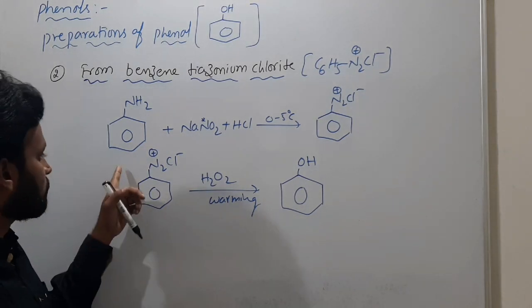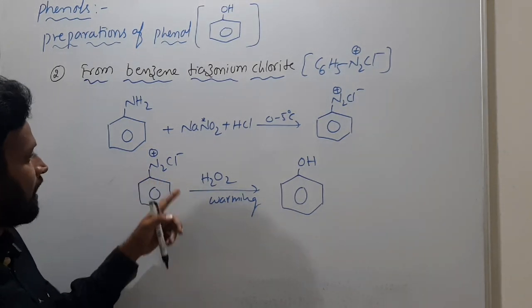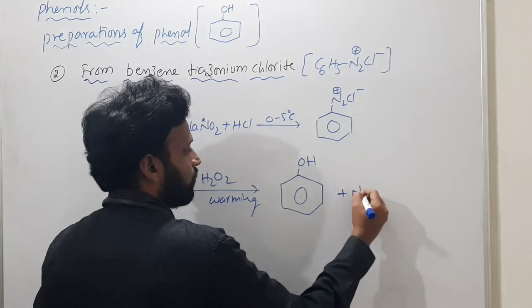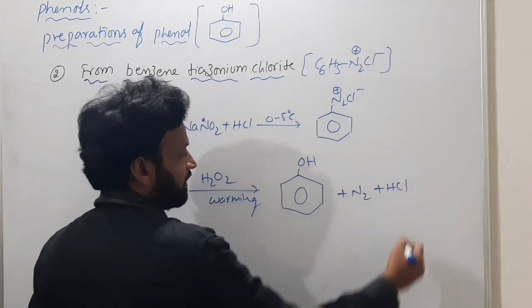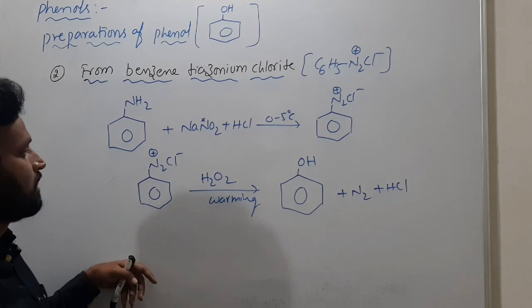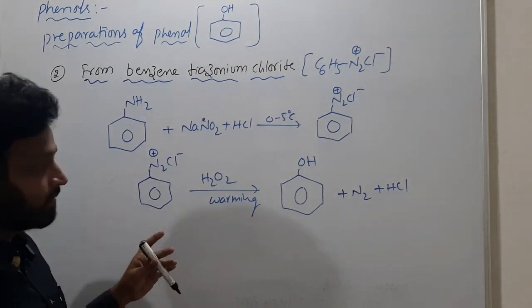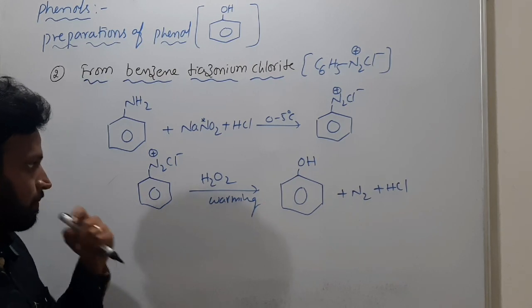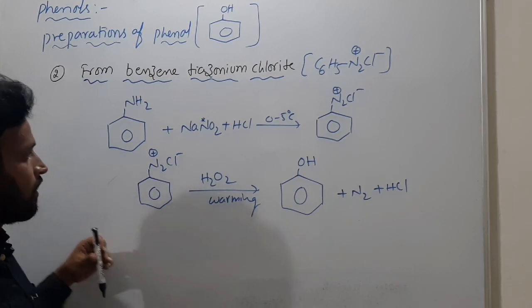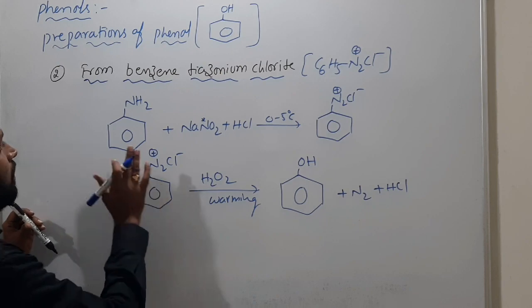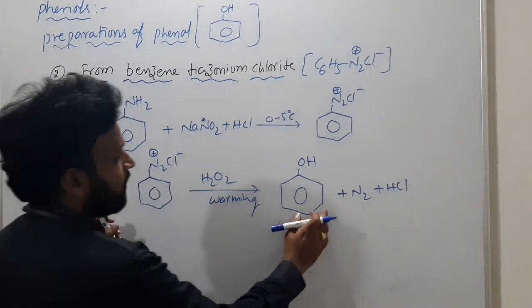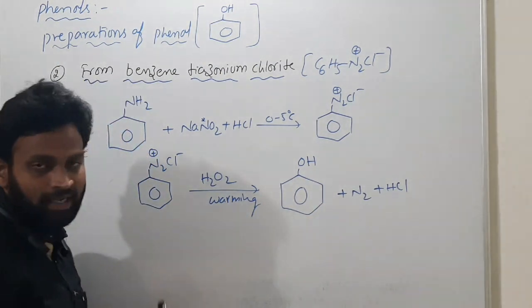What happens here, understood? This will break completely and you will have N2 plus HCl. Okay, so phenol you have, N2 you have, and HCl you have. Hydrogen peroxide is used. Got it? So in this way you can see how benzene diazonium chloride converts to phenol.